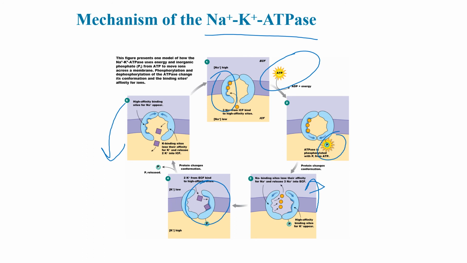So 2 potassium ions are going to go ahead and bind to that carrier protein, where it has to go through another conformational change, and it's going to open towards the inside of the cell, moving the 2 potassium ions inside. And that's how the sodium-potassium pump works. 3 sodium ions move towards the outside of the cell, and 2 potassium ions will move inside of the cell. And to help with that movement, ATP is directly used.